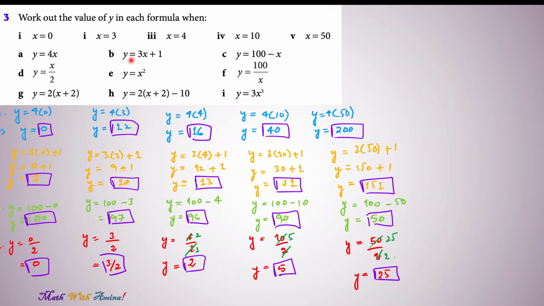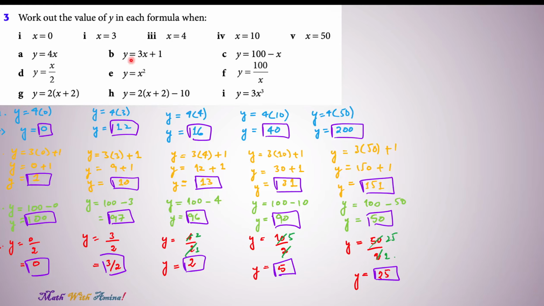It contains numbers, variables, and operations, but it does not contain an equal sign. Since there is no equal sign, there is nothing to solve. We can only simplify or evaluate an expression, just as we did in our previous questions, where we substituted the value of x and evaluated the expression.